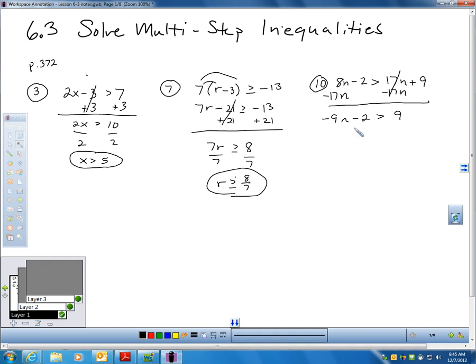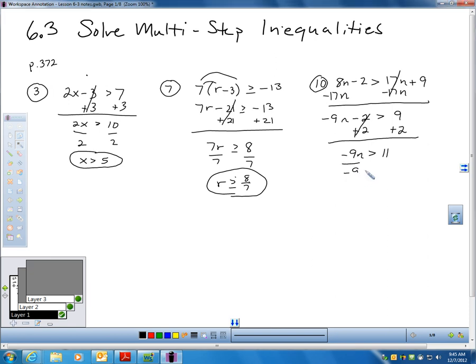Okay, so my next step, I have to add 2 to each side. So when I add 2 to each side, I have negative 9n on the left, and I have positive 11 on the right. Okay, my next step, I have to divide each side by negative 9.